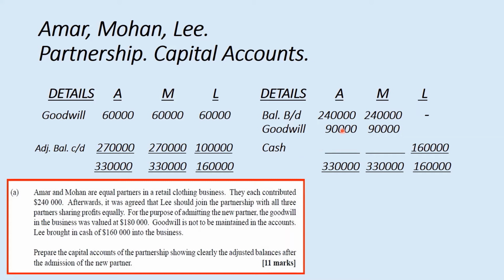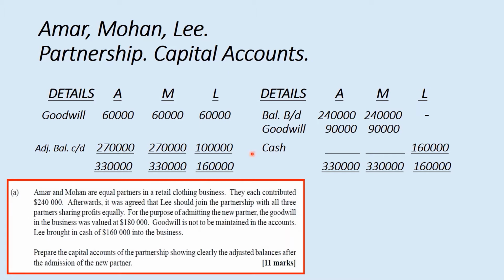After that, we can balance the account and we will get the adjusted balances after Lee has been admitted to the partnership. When we balance the account, we notice that Amar will have 270,000, Mohan 270,000 and Lee 100,000.